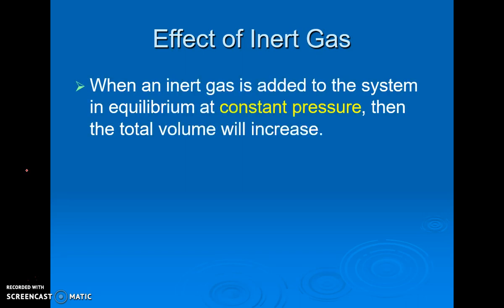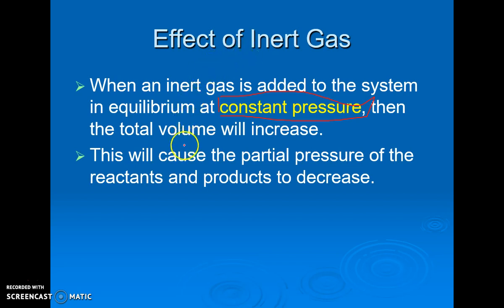Okay, well, first of all, inert gases only have this effect when the reaction is at constant pressure. So the reaction has to be at constant pressure, or they have to say that in the reaction. And if you add an inert gas at constant pressure, then the total volume will increase.